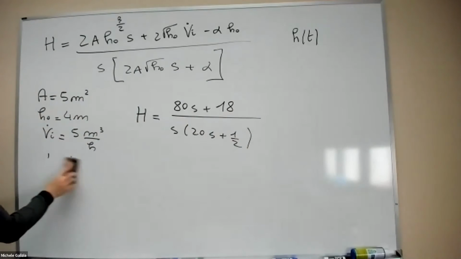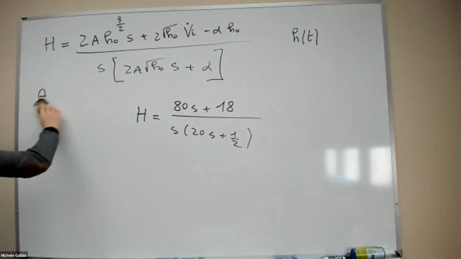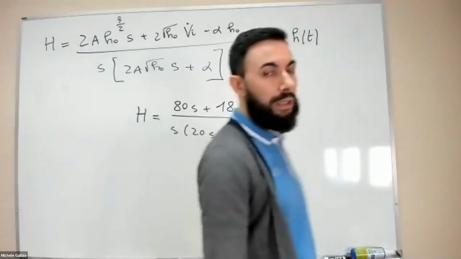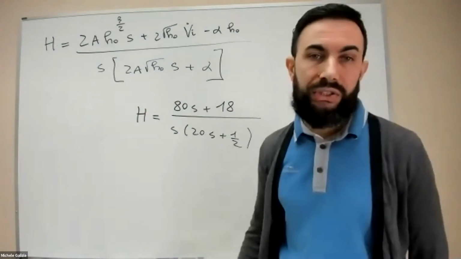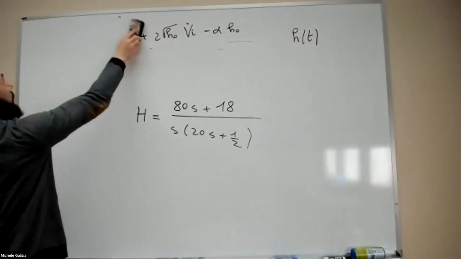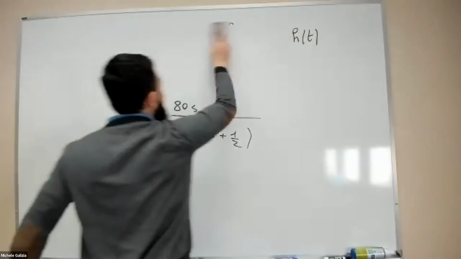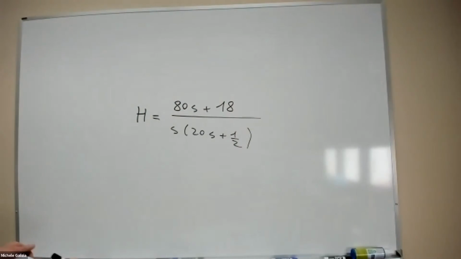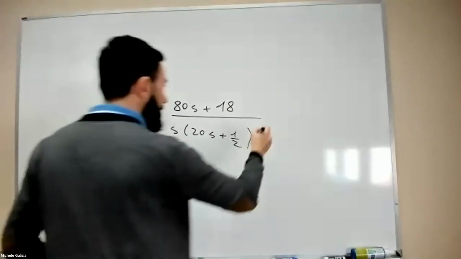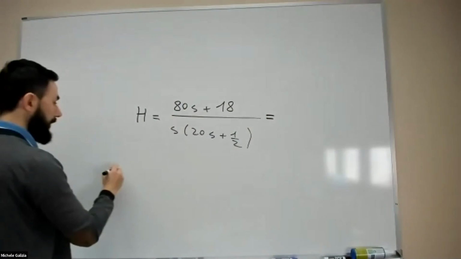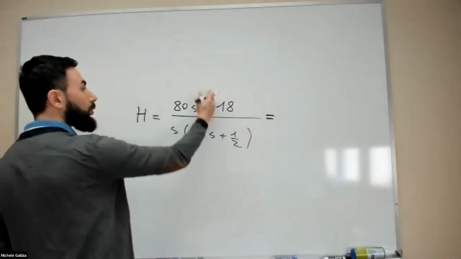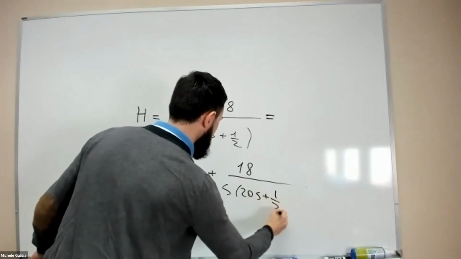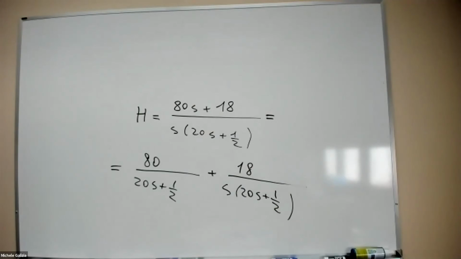So, is this something that we can easily anti-transform, or do we have to resort to the Heaviside theorems? I think this is something that we can manage very easily without resorting to Heaviside. It is sufficient to break this expression as we did last time. Do you agree with me? Yes. Okay.